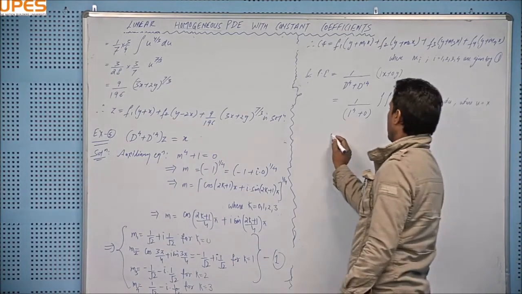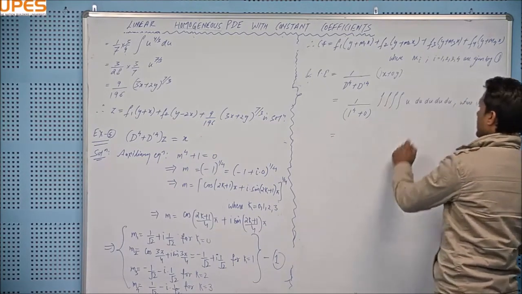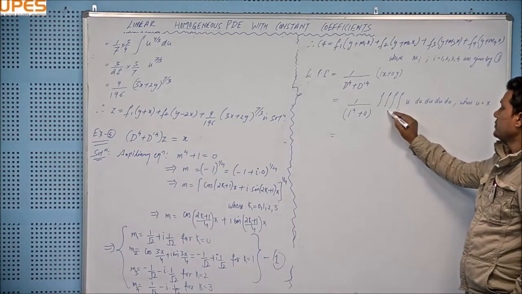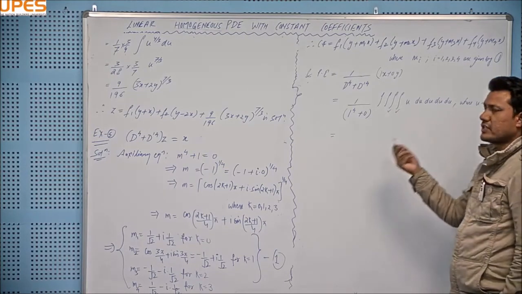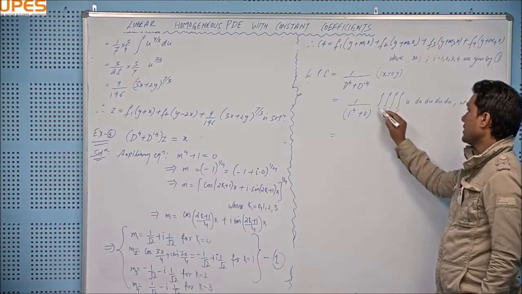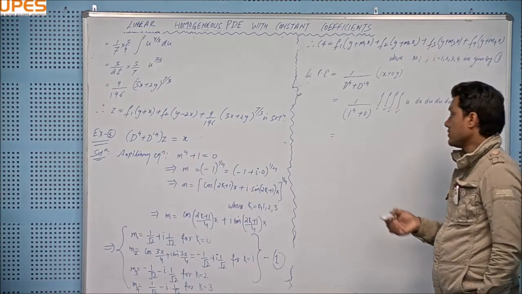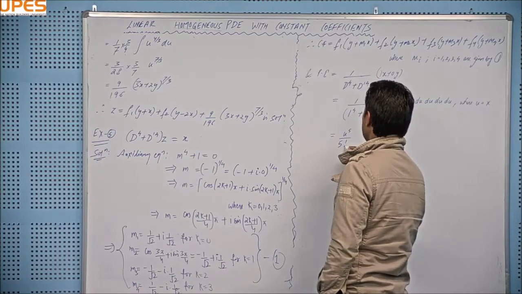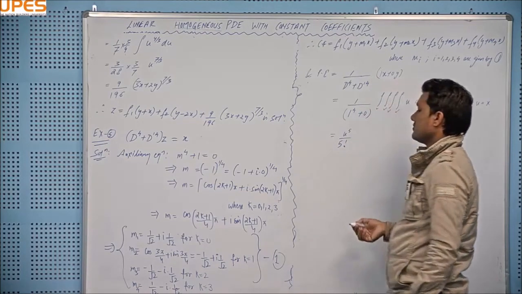So that will be 1 in the denominator, and perform an integration 4 times, one time u square by 2, then u cube by 3 factorial, and u to the power 4 by 4 factorial, and u to the power 5 by 5 factorial. So answer will be u to the power 5 by 5 factorial, or 120, right?